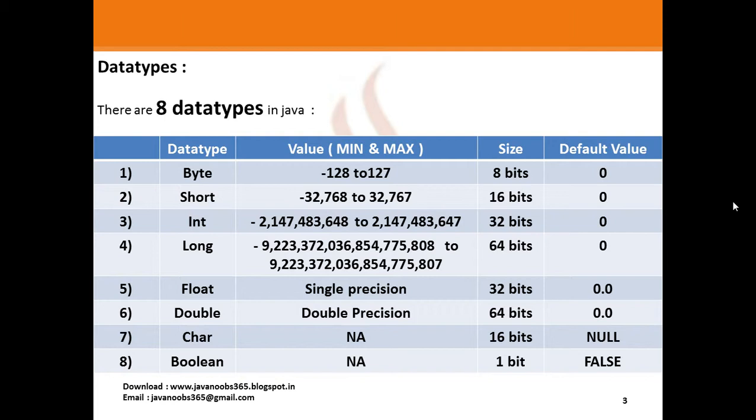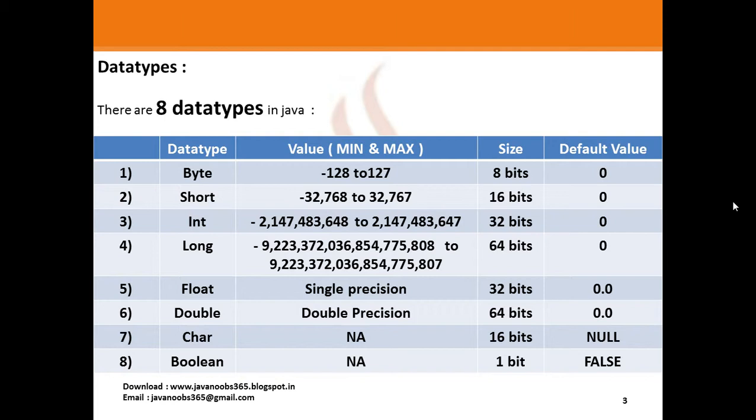Talking about long, this is going to be a big number. I'll try to read it out to you, but you don't have to memorize it. It's good to know, because sometimes in your OCJP exams they might ask you the minimum and maximum value of any of the data types. So it's just good to know, and moreover it'll be fun to remember such a huge number.